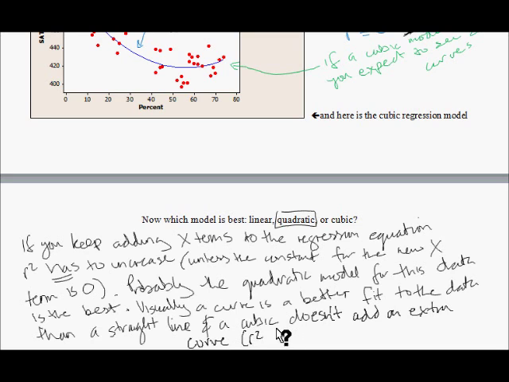Or r squared only increases very slightly, because that d term is very small.